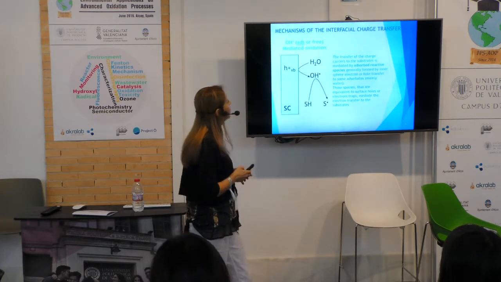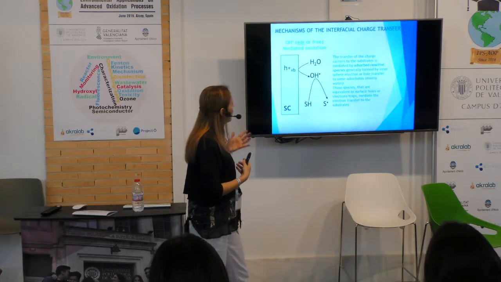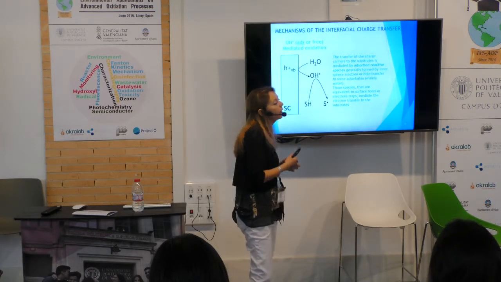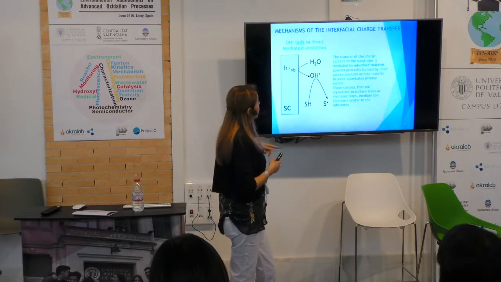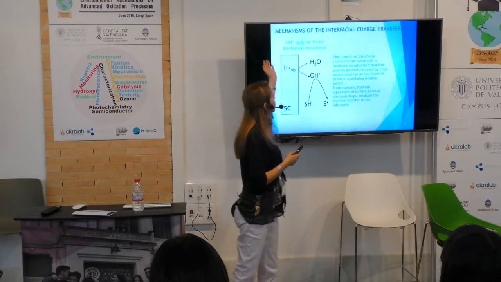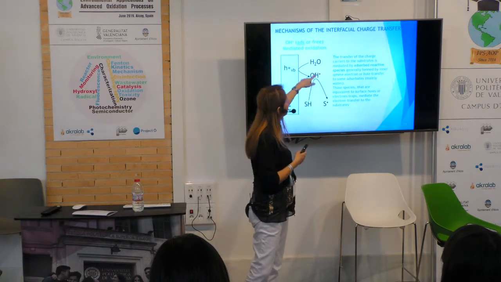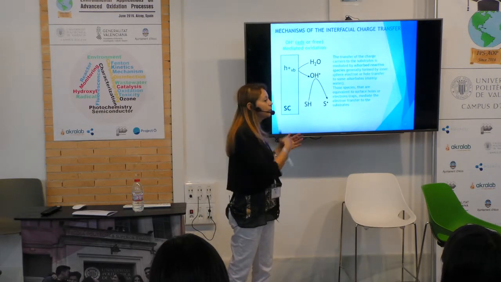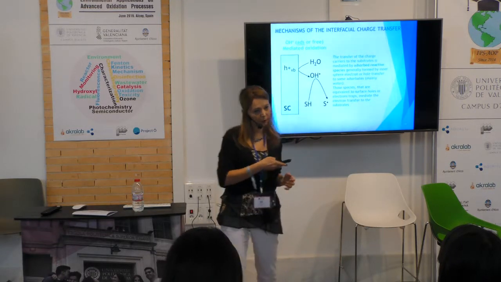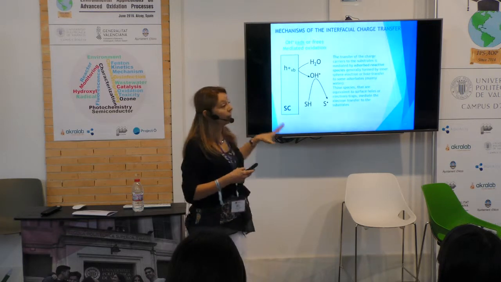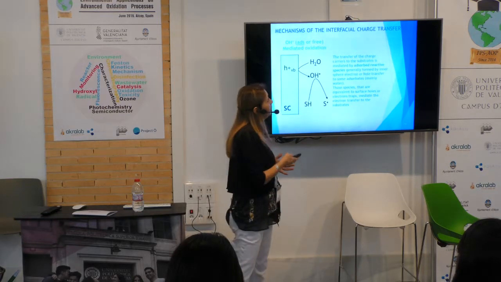The third mechanism is the one that foresees the intervention of another species, and in particular, if we are working with a semiconductor in water, usually this species is OH radicals, which can be adsorbed at the surface or free in solution. In any case, these radicals mediate the passage of charge from the substrate to the formation of radicals. This is what basically happens at the interface, the three kinds of mechanisms that permit the charge transfer.